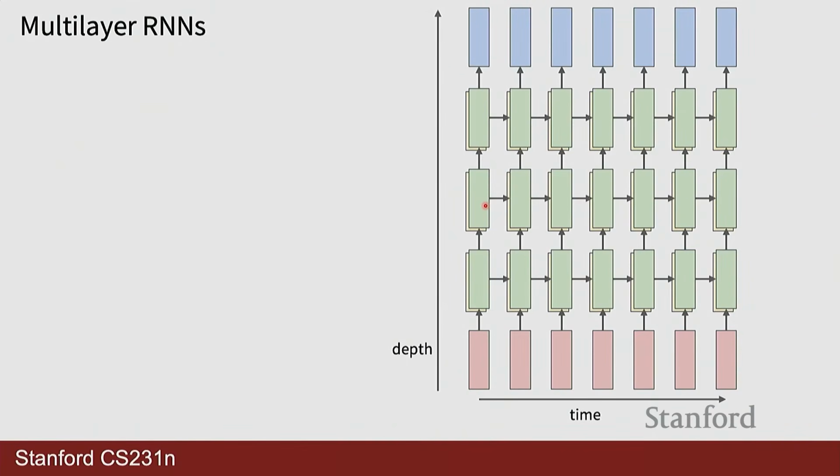Okay, one thing I want to note that I didn't explicitly mention before, but just in the same way where we can have multi-layer CNNs or multi-layer dense or fully connected layers, you can also have multi-layer RNNs, and in practice, most of the RNNs I showed were multi-layer RNNs.